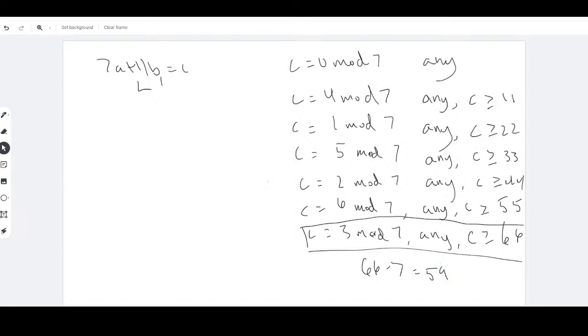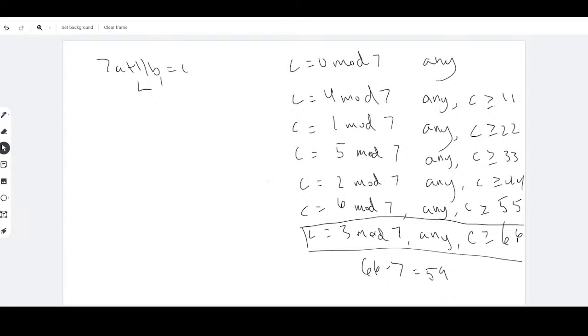So we just take 66 minus 7, which is equal to 59. Essentially, 59 is the largest 3 mod 7 that is below 66, so 59 would be the largest value of C that we do not have a solution for, right?